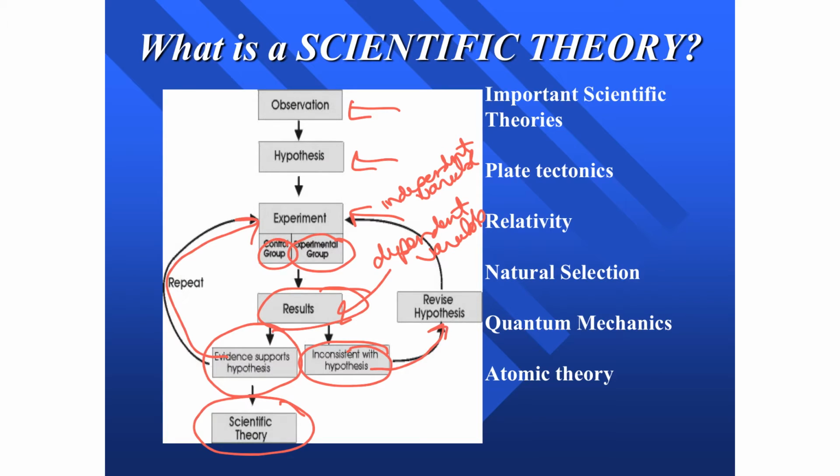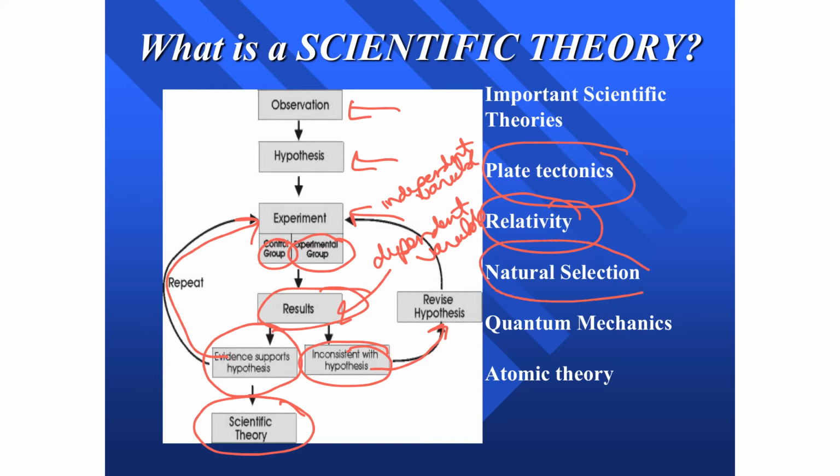A scientific theory that is important that you know about is the theory of plate tectonics. This is the theory about how big sheets of rock are constantly moving under our oceans and on our land, and when those rub up against each other, that is what an earthquake is. The theory of relativity, which made Einstein famous, gave us a relationship between energy and matter.